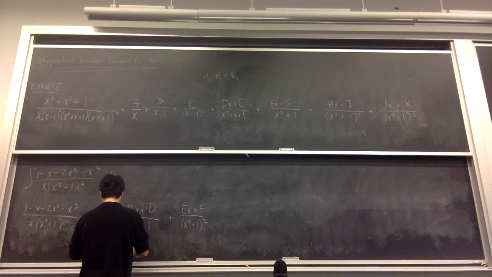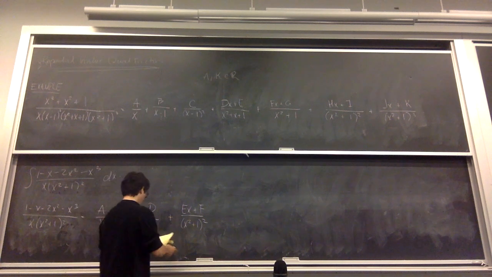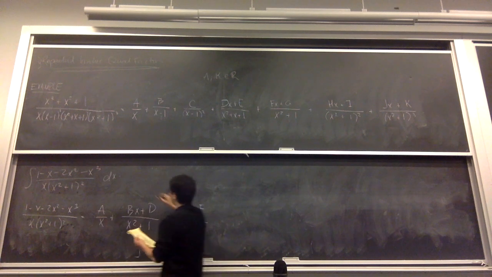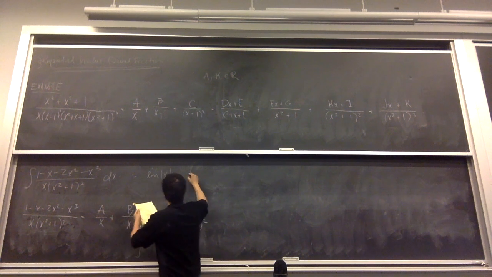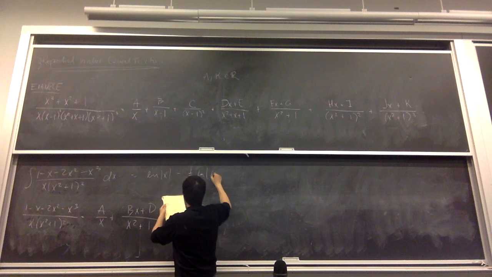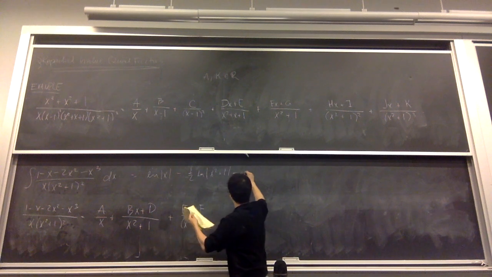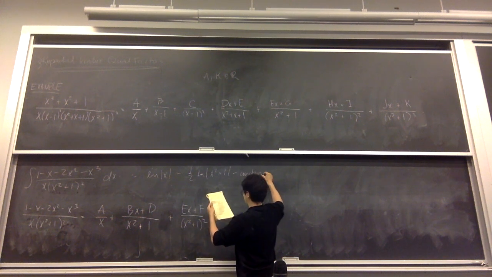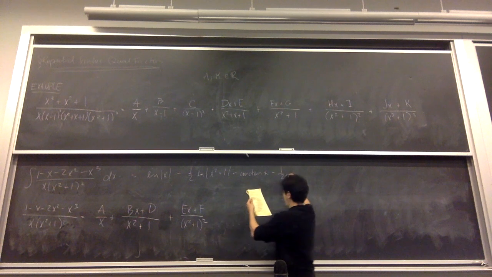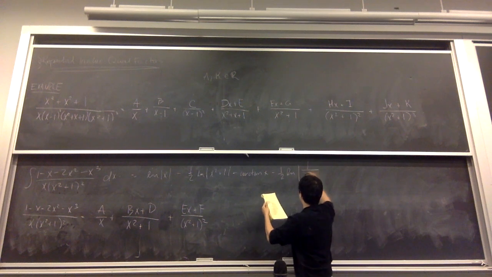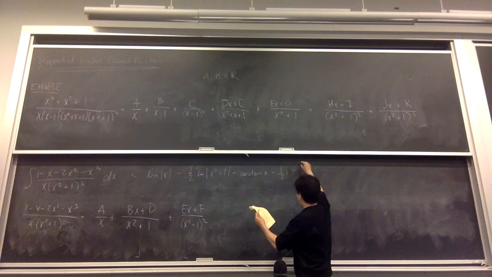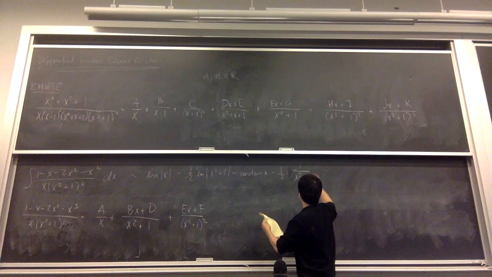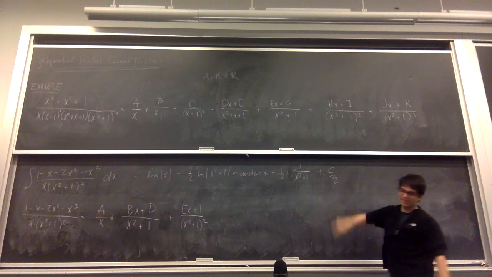I think you should end up getting, in the end, this is going to be equal to ln|x| minus 1/2 ln(x^2 + 1) minus arctan x minus 1/2 times 1 over (x^2 + 1) plus C. Look, he's back.